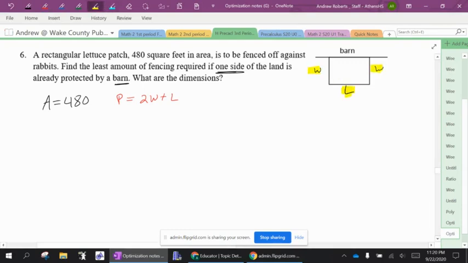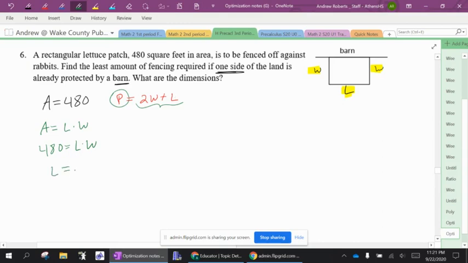I also know that area equals length times width. So in this case, 480 is length times width. And my goal is to minimize my perimeter. So that's what I want to start plugging stuff into, is this equation here. So I'm going to replace the L because it's kind of by itself.